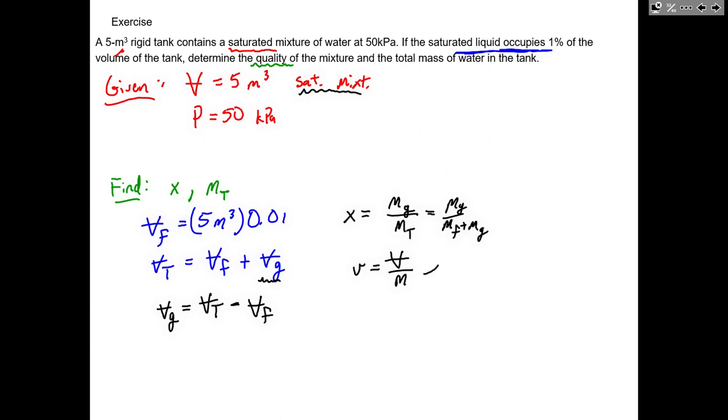So what that means is that for my saturated liquid, we have two saturated states, right? I have my saturated liquid, saturated gas. Those respective volumes look something like this.